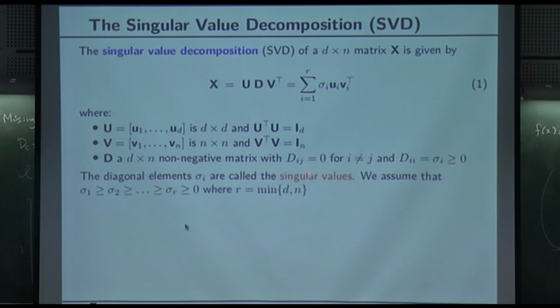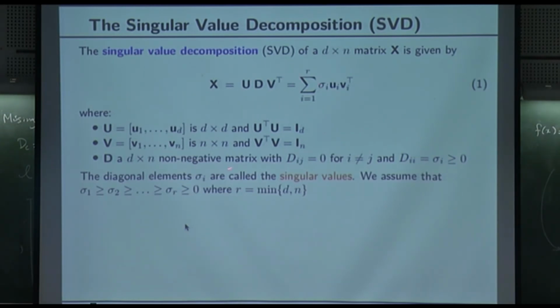And if you expand this out, you have this formulation of i going from 1 through R, where R is the rank of this matrix X, some non-negative number sigma_i, u_i v_i transpose, where each of the u_i's are an orthogonal basis for the D-dimensional space, and v_i's are the orthogonal basis for the n-dimensional space. You can choose a basis for the d-dimensional space, and you can choose a basis for the n-dimensional space, such that the action of this operator is simply diagonal. It's just sigmas along the diagonal.